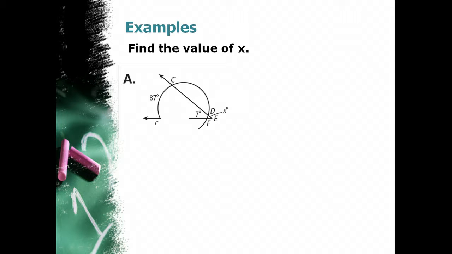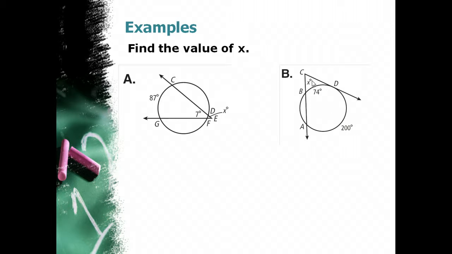Find the value of x. X is this angle, CEG, and 7 degrees goes with arc DF, and 87 degrees goes with arc CG. Here we have x degrees again for our angle, 74 degrees for the minor arc, and we have 20 degrees for AD.